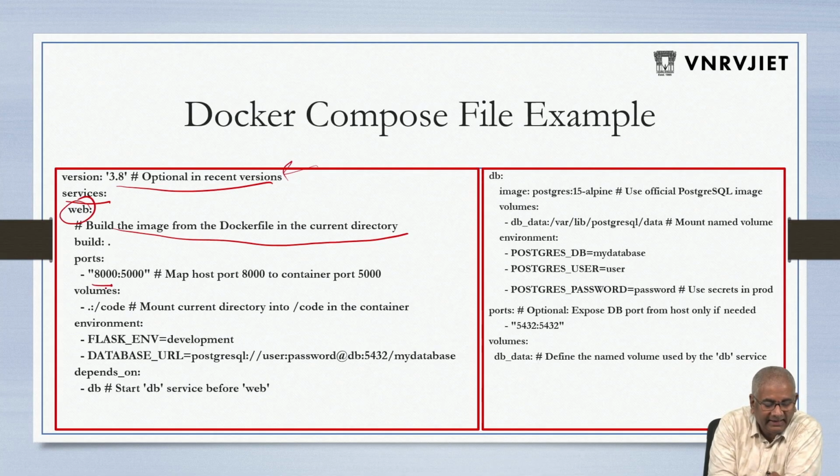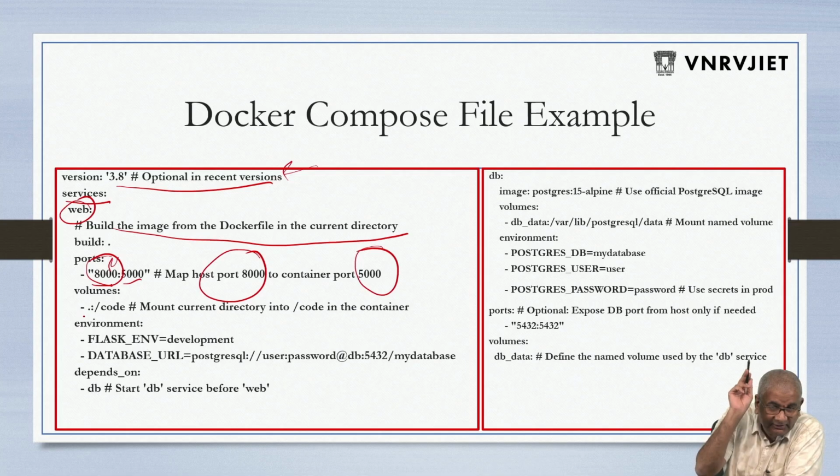Ports: map 8000 to the host 8000. I think this is a bit confusing. First one you specify the host, second one you specify the container, right? If you want to use the same port, you can just specify the same number.